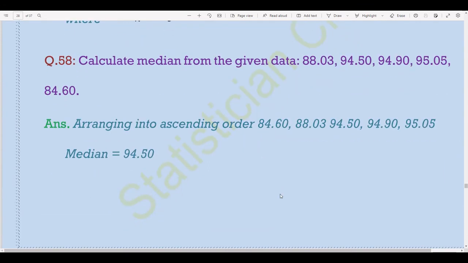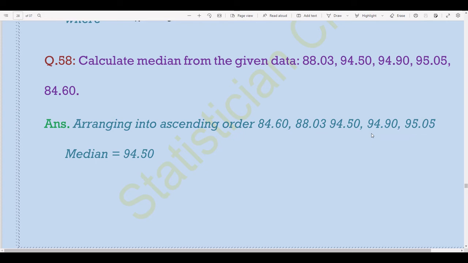Question number 58. Calculate the median for the given data. This is the data set arranged in ascending order: 84.60, 88.03, 94.50, 94.90, 95.05. The total number of observations is 5, so n is odd.